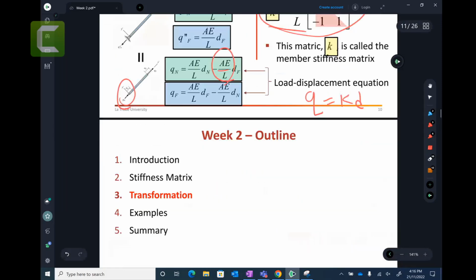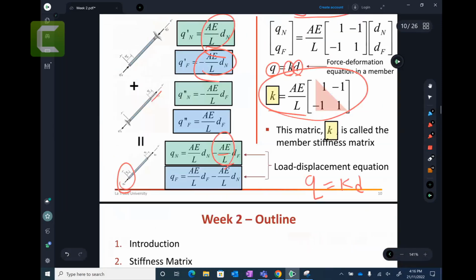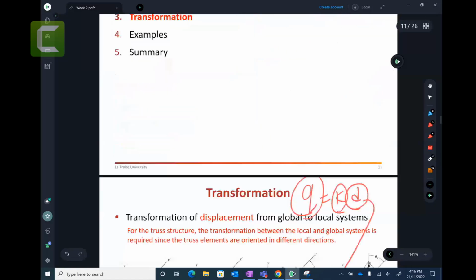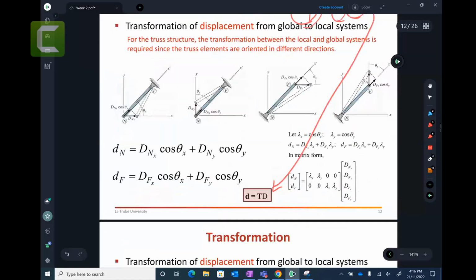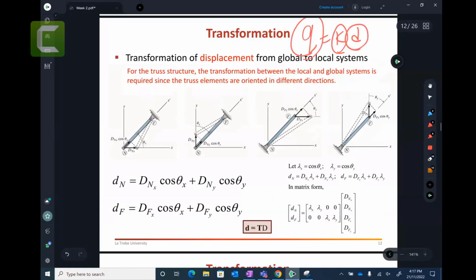Because this displacement that you see here is local, that one bar is this one, but we want to make a relationship between local and global. So let's have a relationship between the displacements. If you know the local displacements, you can get the global displacements, or if you know the global displacements, you can calculate the local displacements using this relationship here. So what happens here?